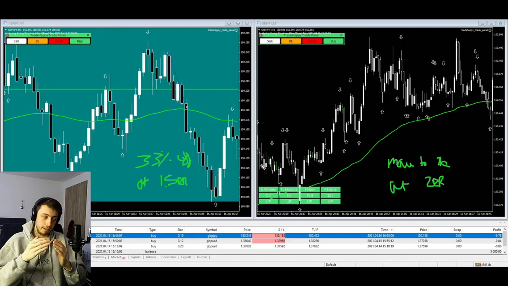Whereas with this one, if we get to 2 to 1, we've secured 33% of the position and we've moved to break even, which is a great thing for psychology. Obviously you don't have to do that as well, but that is something we're doing in version 3. So it's moving this into being a more complex strategy than versions 1 and 2.